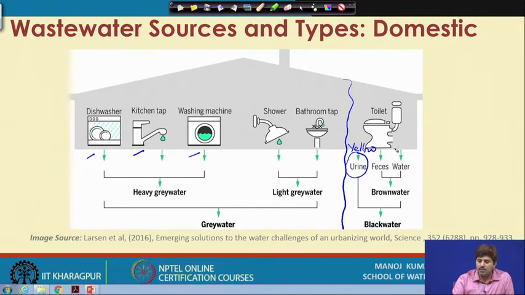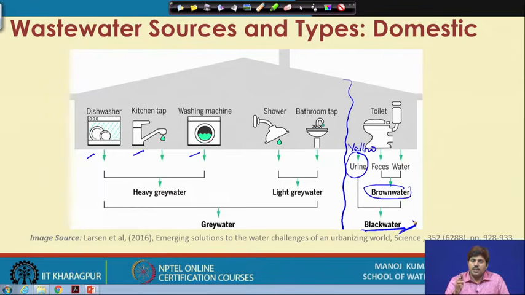while the feces part or the flushed water part can be considered brown water, and the collection of the yellow and brown water is what we normally refer to as black water. That is because it is far more polluted and cannot be used for any purpose directly. So, that is why we refer to this as black water.